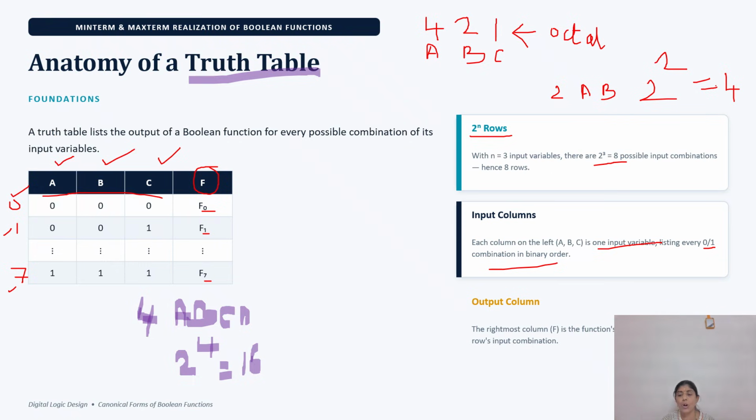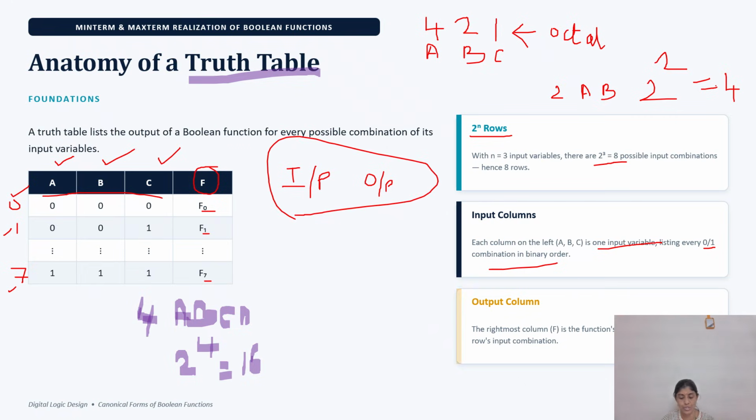F is your output column, the outermost column. It is a function of the combination of the inputs. This is just the anatomy of truth table. A truth table must have inputs, and based on these inputs, the truth table must produce some output.